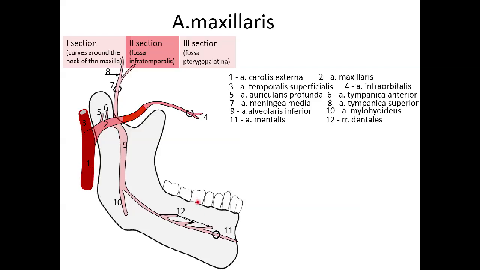That's why it's necessary to make a tamponade, to put a tampon inside the alveolus after tooth removal.